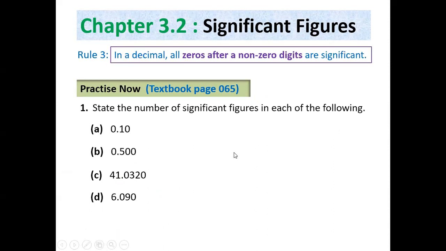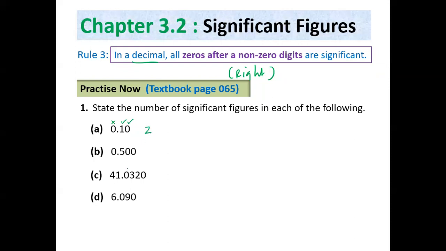Next thing, in decimals. All zeros after a non-zero digit are significant. Zeros on the right, in decimals. So this zero on the left side is not a significant figure because it is on the left. The zeros on the right side are significant.